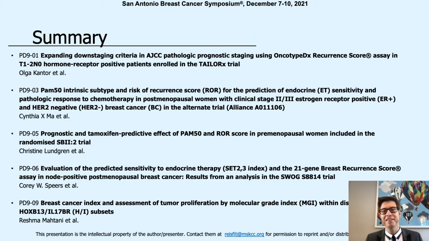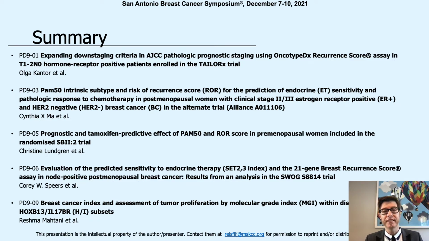And in this session, we're up for a treat, actually, because we have 5 excellent posters that relate to these signatures. Poster 1, that will be presented by Dr. Olga Kanter, focuses on Oncotype DX. Posters 3, presented by Dr. Ma, and poster 5 by Dr. Lundgren, focus on PAM50 subtyping and risk of recurrence, ROR.